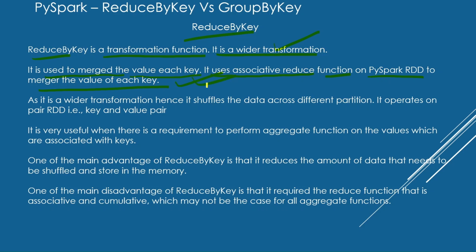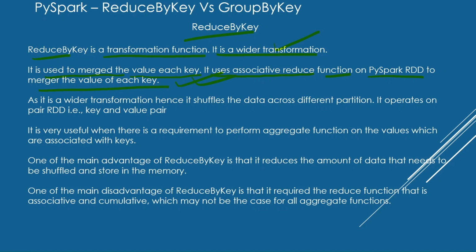Suppose we have an RDD. That RDD is present in the form of key and value pairs. Whenever we use reduceByKey, what will it do? It will merge the value of each key.